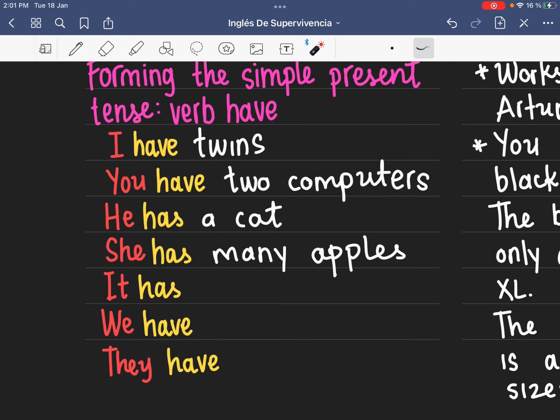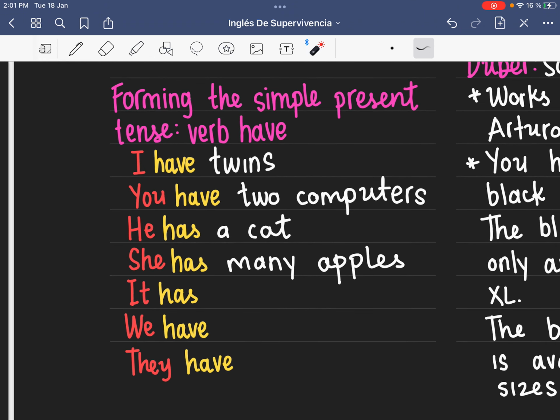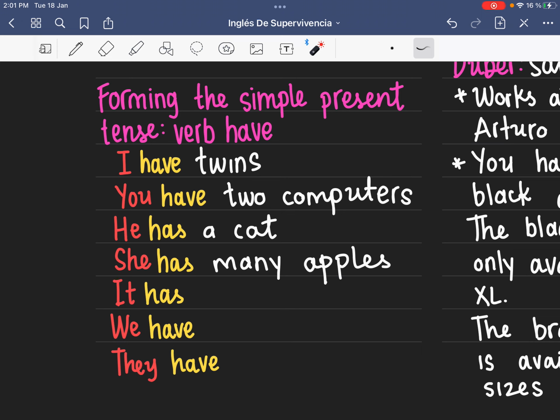Then, for first person plural, primera persona plural, I go back to have, vuelvo a la forma have, as well as with third person plural, así como tercera persona plural, we also use have. También usamos have. Entonces, ¿cómo sabemos cuál forma del verbo usar?